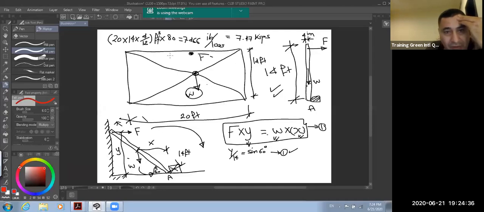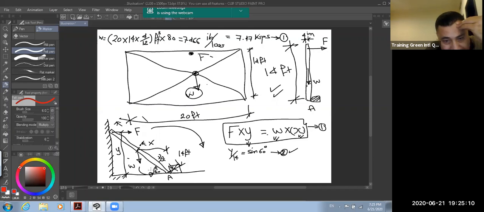So W, I got it. W is equal to what I already calculated. Y I calculated. X is equal what? X is this distance. From this point to this point we have 7, half of 14, so 7 feet.